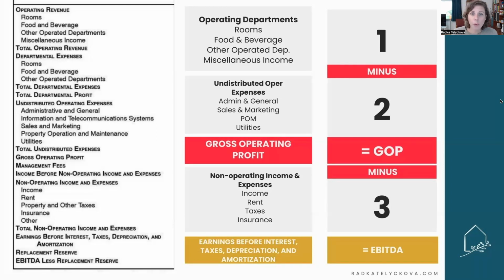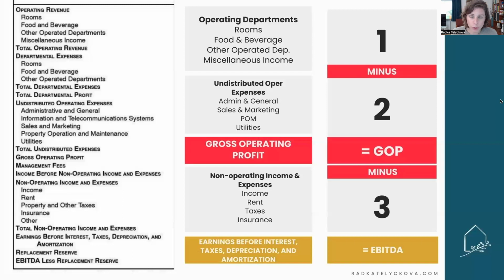If you take the operating departments and you deduct the undistributed operating expenses, you come to the gross operating profit. And the gross operating profit means what is left after you paid all your expenses related to operating a hotel. Nothing more, nothing less.